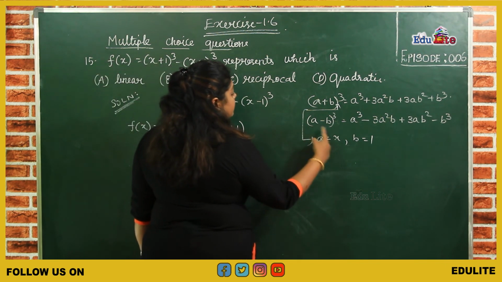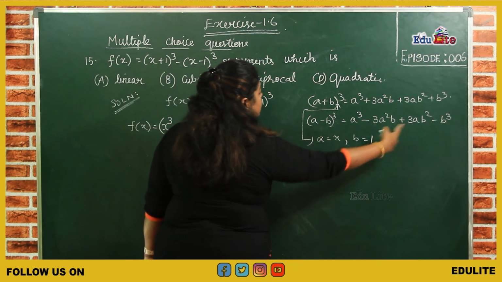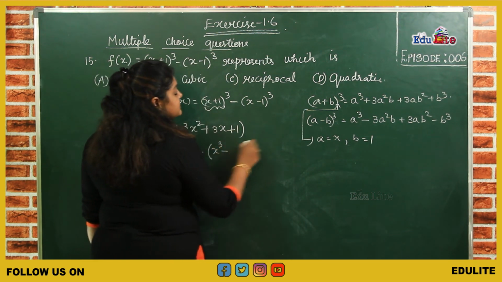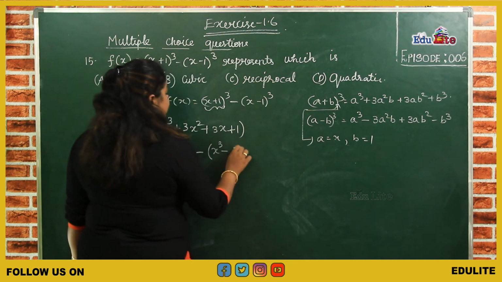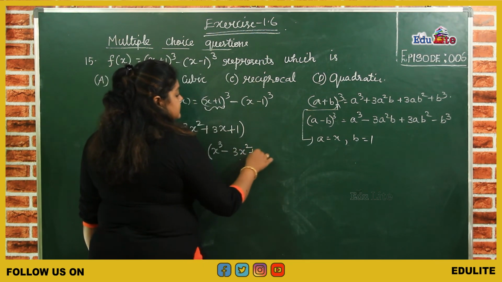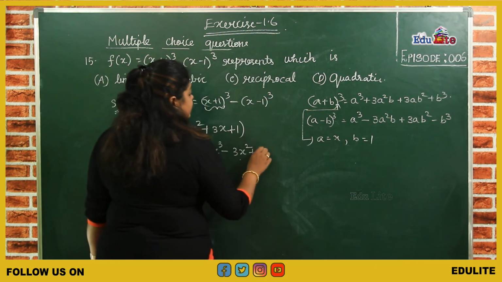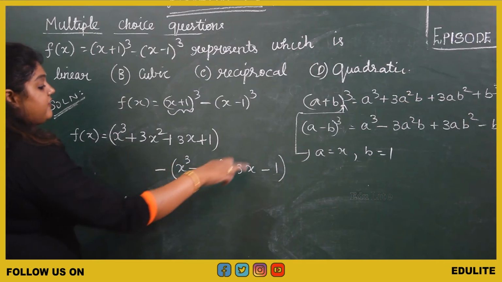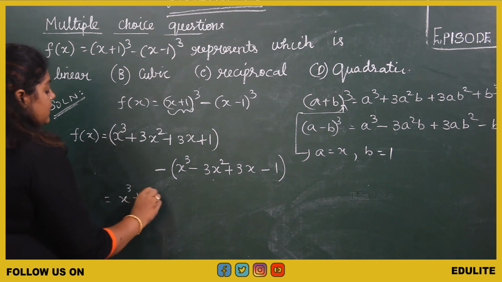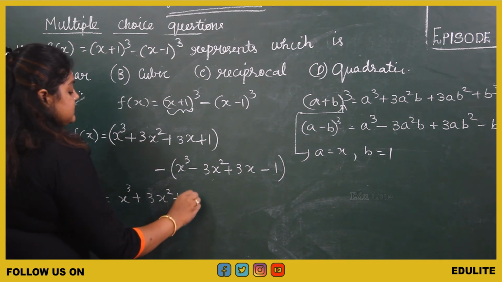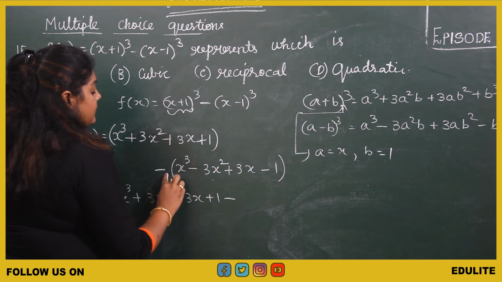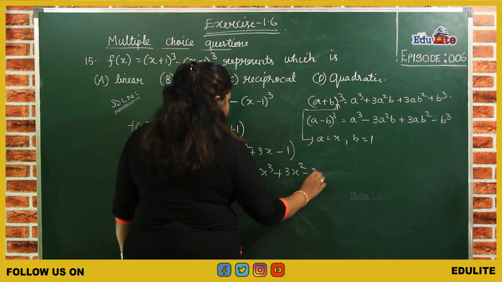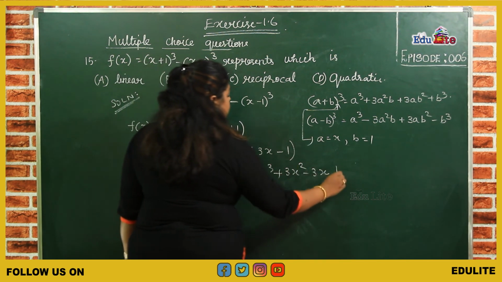Now also the value of a is x and the value of b is 1. We will expand. So first a cube, x cube, minus 3a squared b, which will be 3x squared, plus 3ab squared, that is 3x, minus 1 cube is 1. We will simplify by removing the brackets. X cube plus 3x squared plus 3x plus 1 minus x cube plus 3x squared minus 3x plus 1.